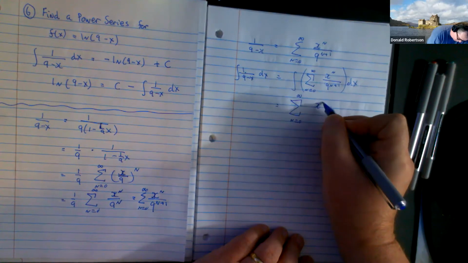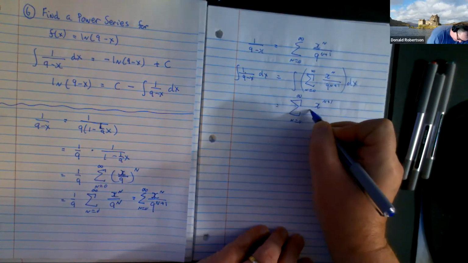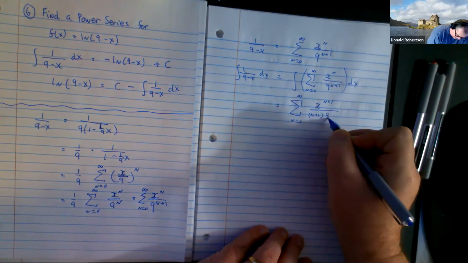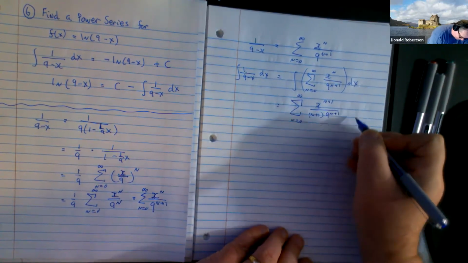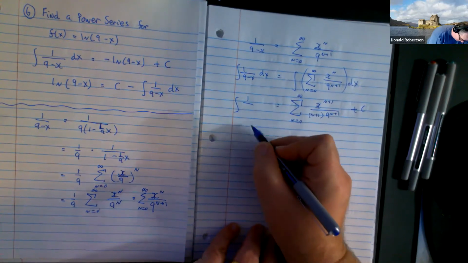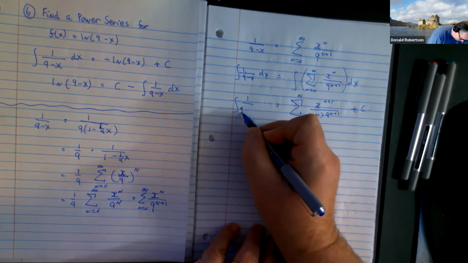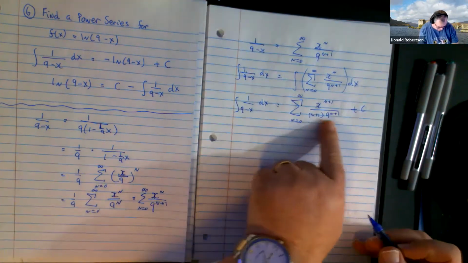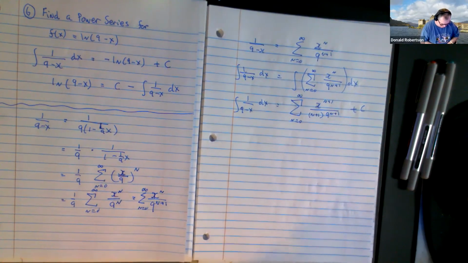So add 1 to the power and divide by the new power, plus a c. So the integral of this guy ends up being this fella. So far, so good.